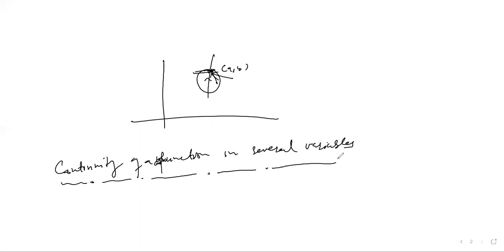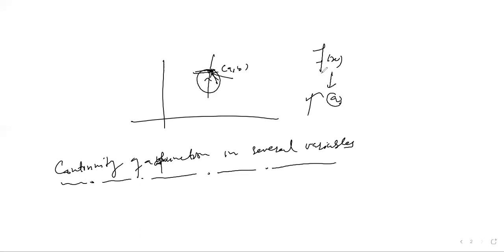If we go back, recall something about a single variable function. When we say this is a function and this is a point A, where you have to check whether this function is continuous or not, what do you have to check? First, you have to check whether the limit exists at this point or not.